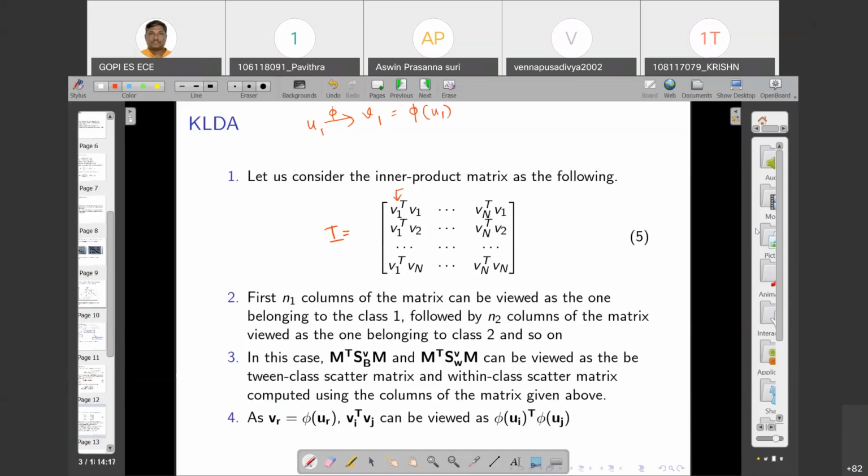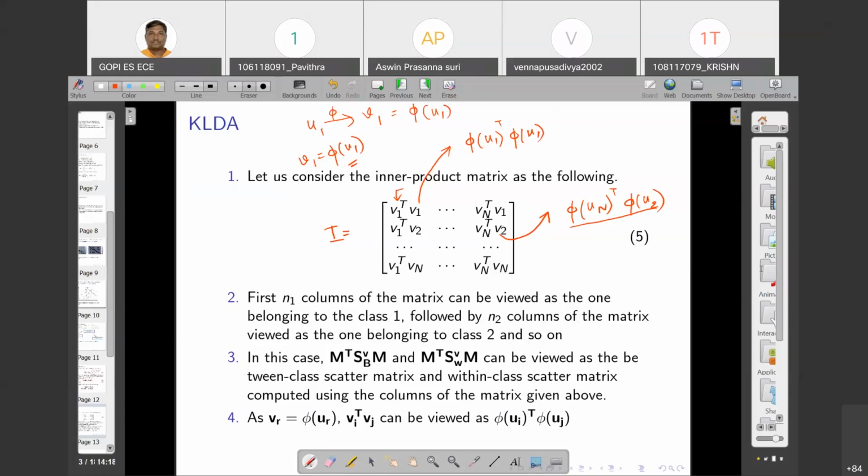Now we compute this V1 transpose V1, which is phi of U1 transpose phi of U1, because V1 is phi of U1. For example, this is phi of UN transpose phi of U2. All the expressions in this inner product matrix, using the vectors in the higher dimension space, are inner product values.